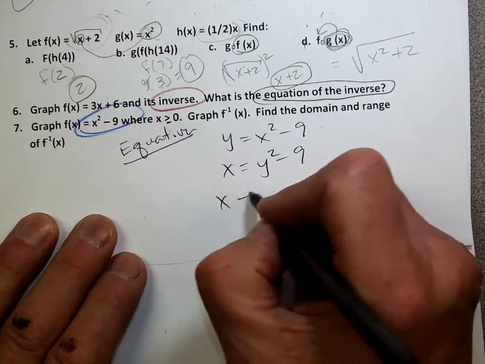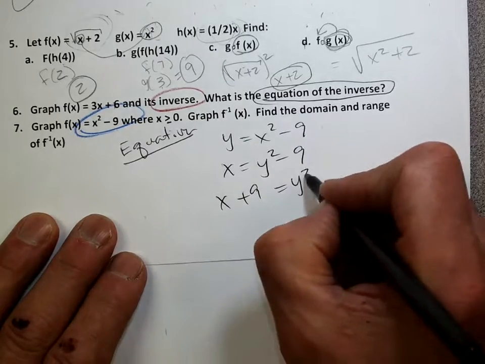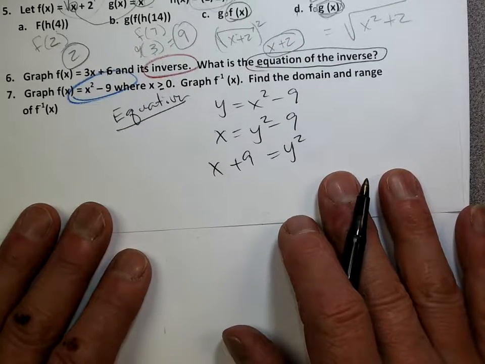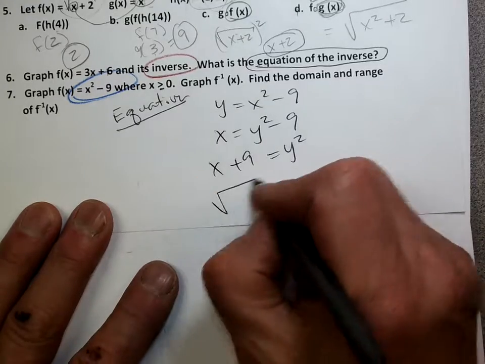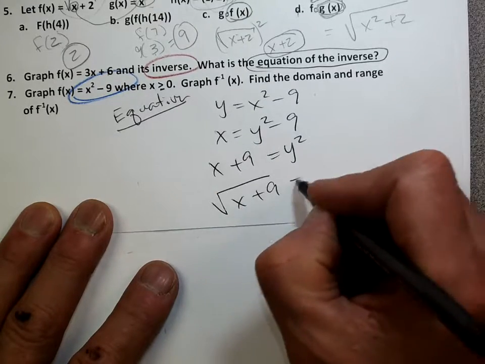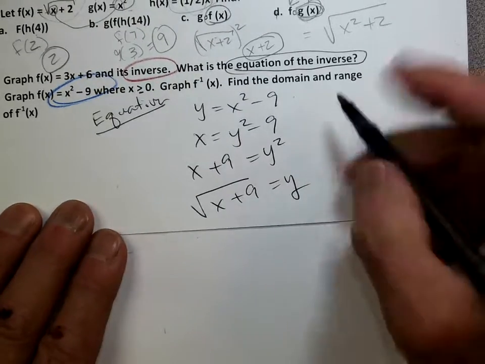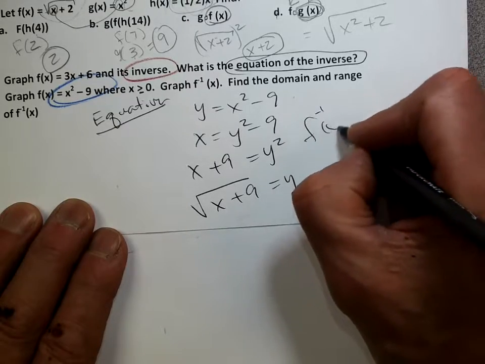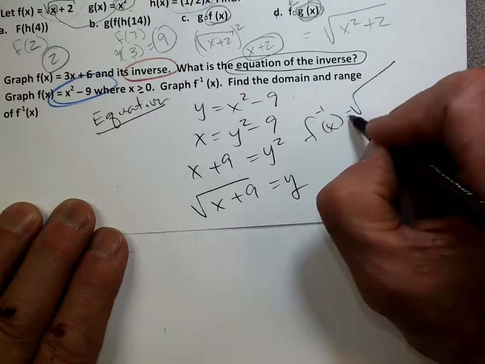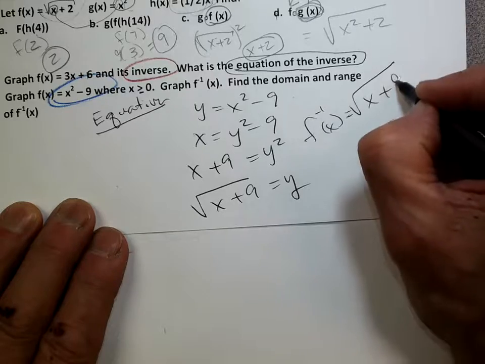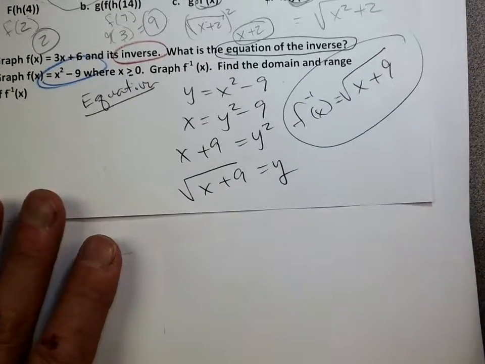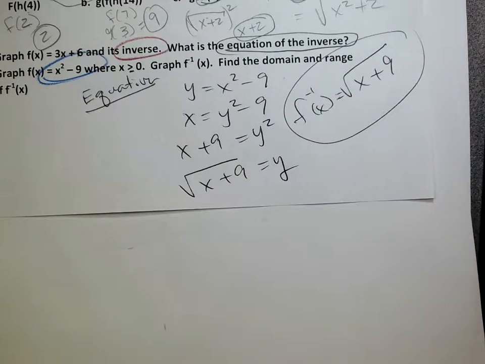So I'll have x plus 9 equals y squared. Square root it. Now I'll write it as f inverse of x is equal to the square root of x plus 9. How's that? Thumbs up, right? We can do this, huh?